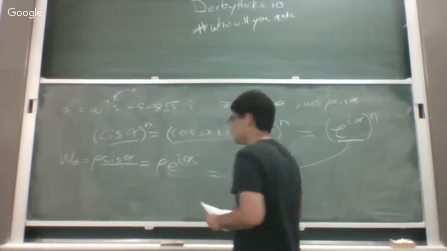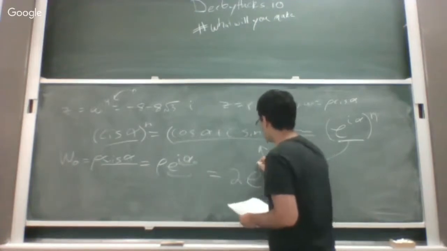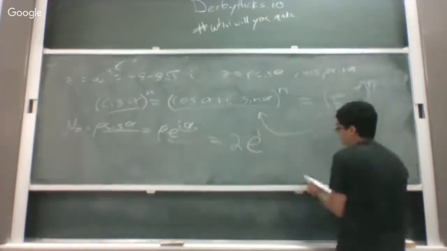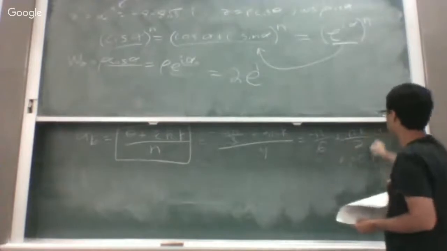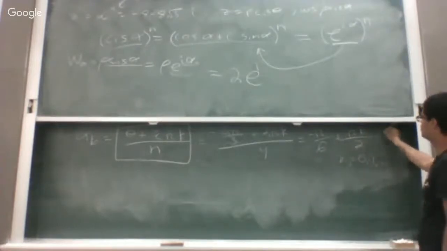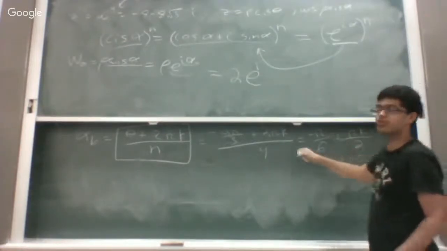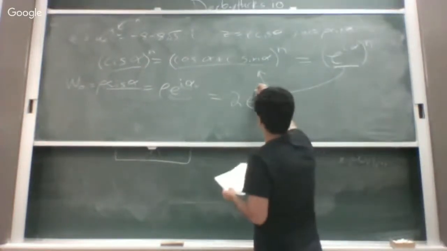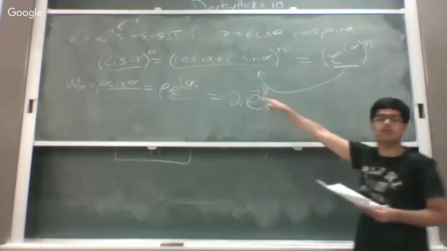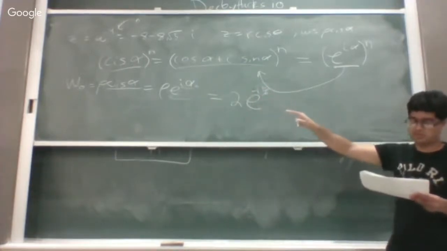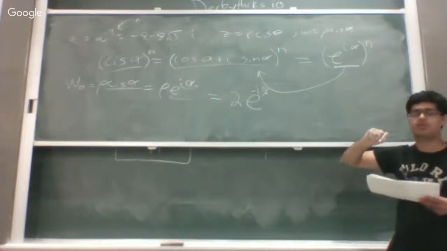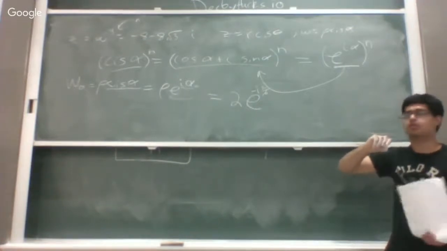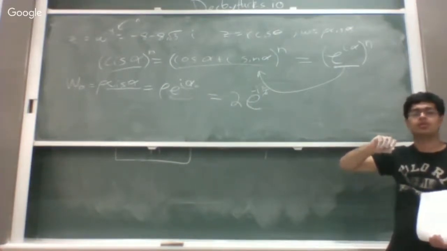Then we write e, we write i alpha, and when k is equal to 0, alpha is just negative pi over 6. So then our W naught is equal to 2 e to the negative pi over 6 times i as an exponent. We can stop right there.